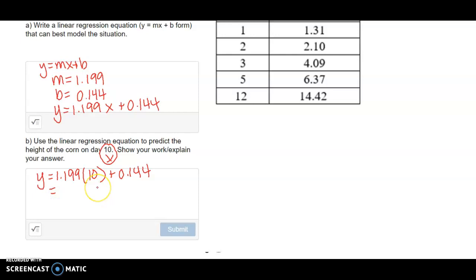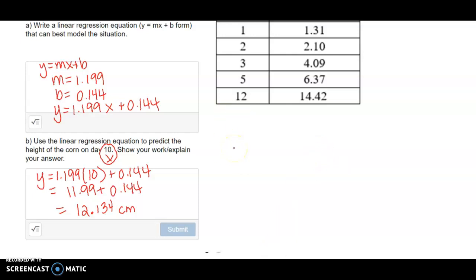So do 1.199 times 10, and you get 11.99 plus 0.144, which gives us 12.134, which is centimeters. It's our height in centimeters. So the corn will be 12.134 centimeters on day 10 using our regression equation.